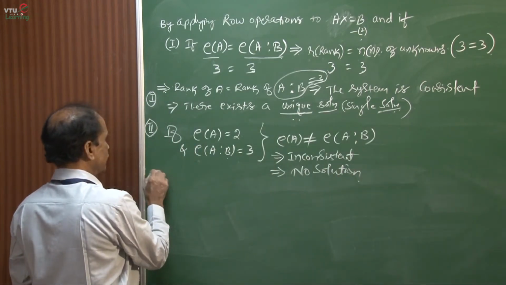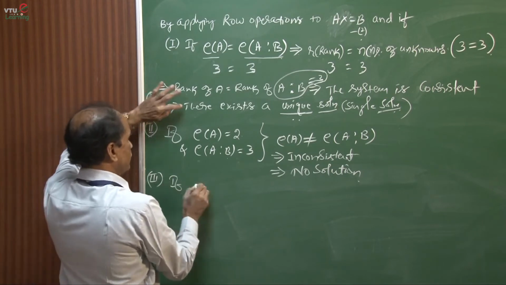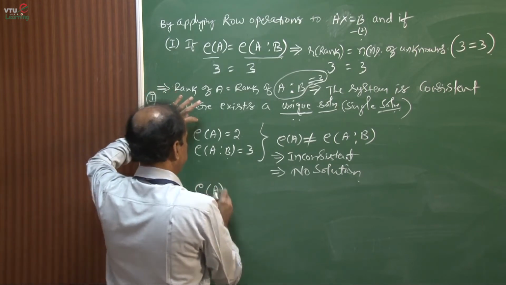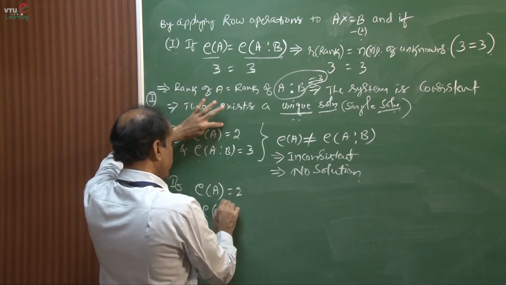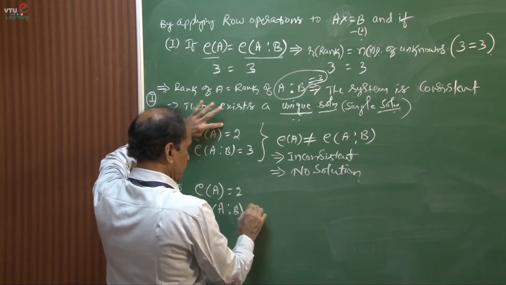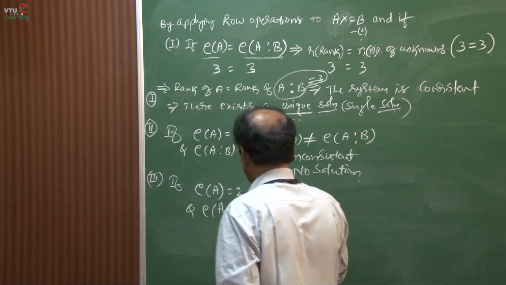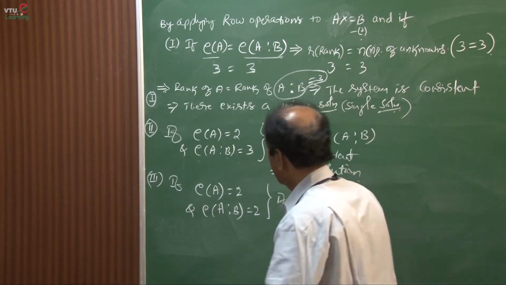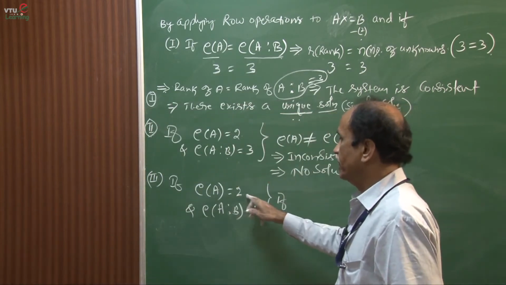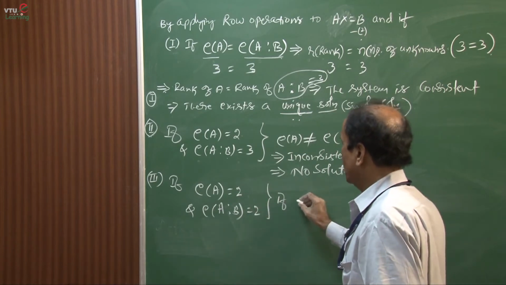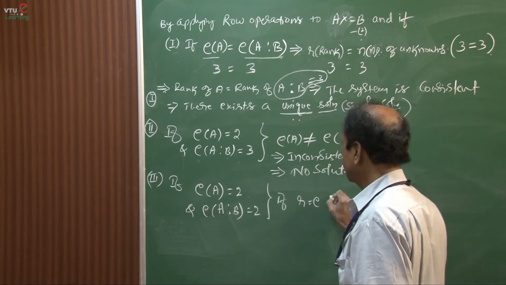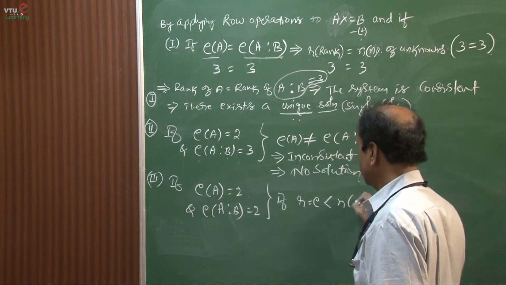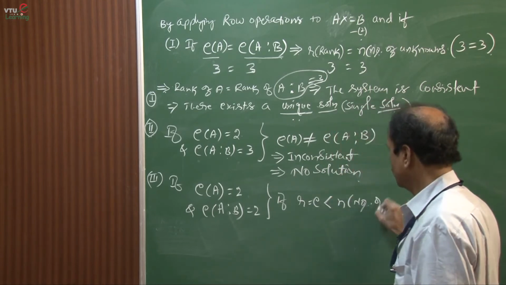Third condition: if rho of A is equal to 2 and rho of AB is also 2, that means R is the rank, R equal to rho is less than N, the number of unknowns.